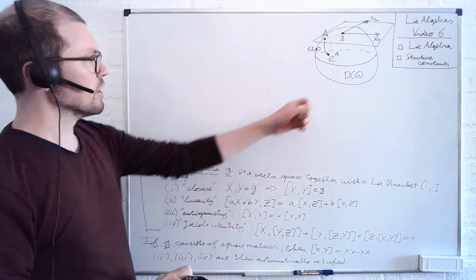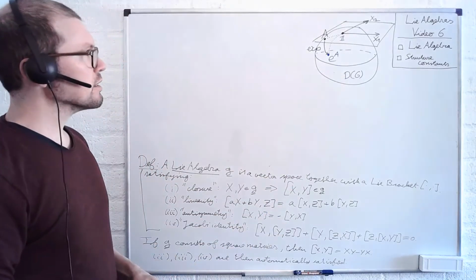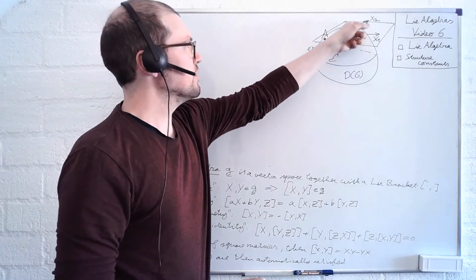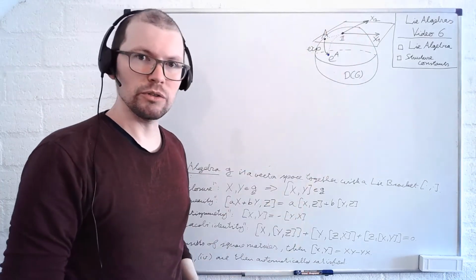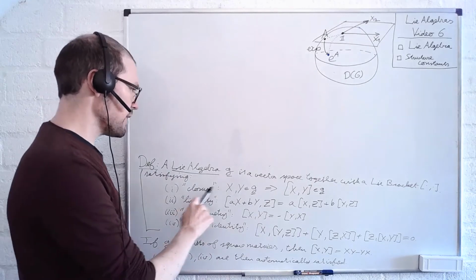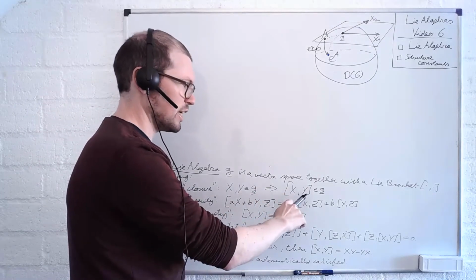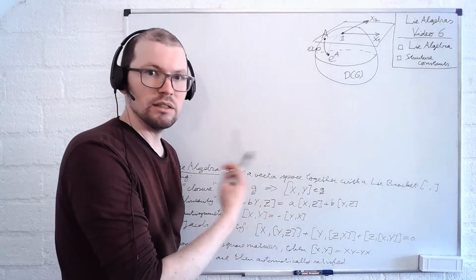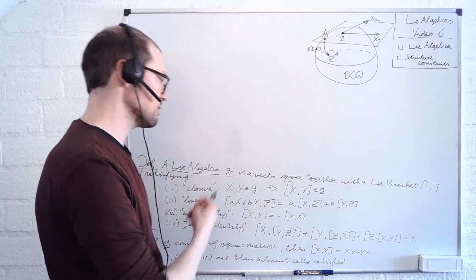Note that if the Lie group is abelian, meaning that the generators commute with each other, well then the Lie bracket is always going to vanish. So trivially, the Lie bracket is then part of the Lie algebra.